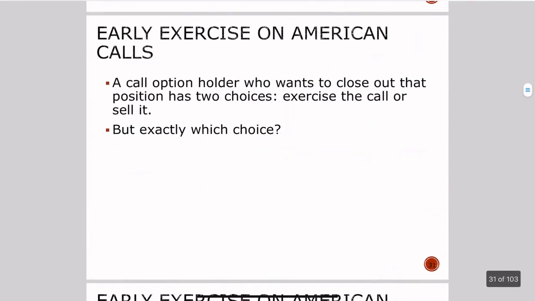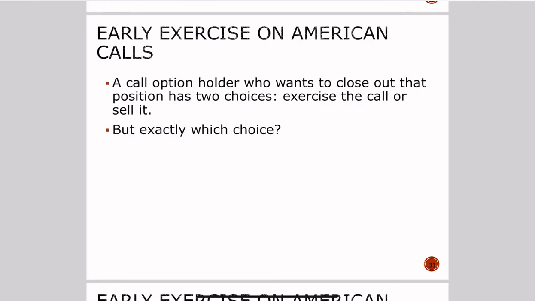Okay, next, let's talk about a very important and interesting question: early exercise on American options. This is actually a pretty intriguing question. If you compare American options versus European options, their only difference is that American options give you huge flexibility.